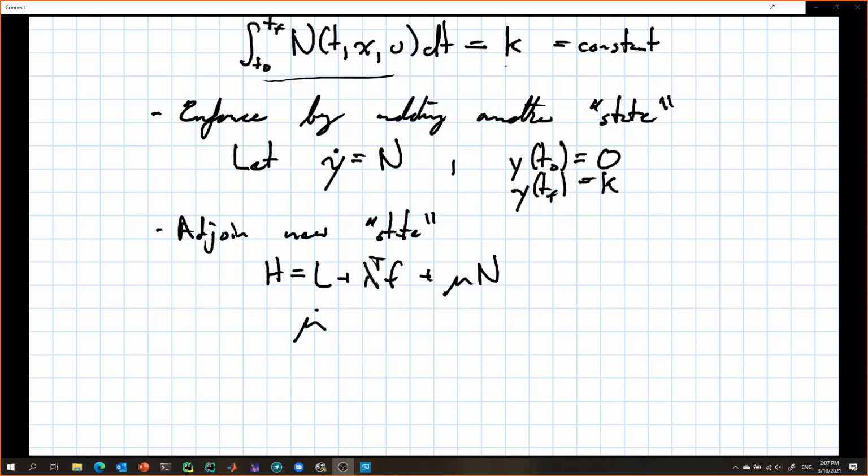Really, the only reason I show this is to show that mu dot, which is the partial of the Hamiltonian with respect to that new state y, is equal to 0. Therefore, mu is constant. So when we do the other path constraints, we don't need dynamics for mu. Mu is a constant parameter.